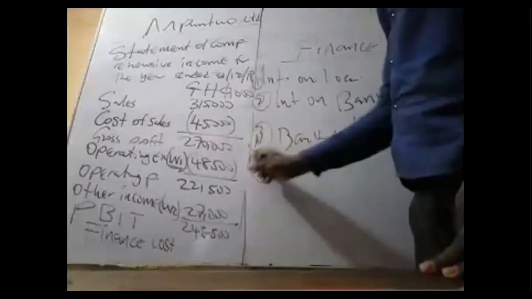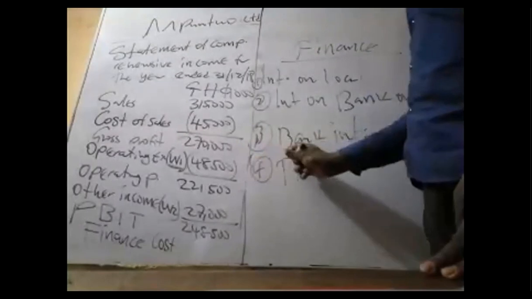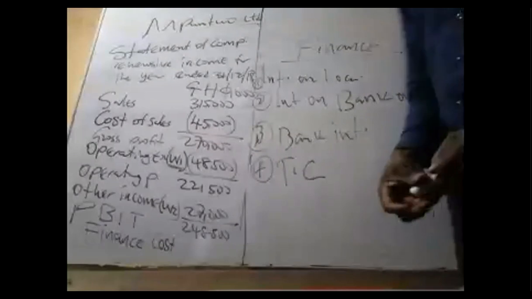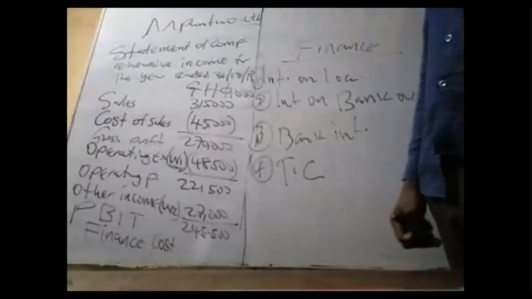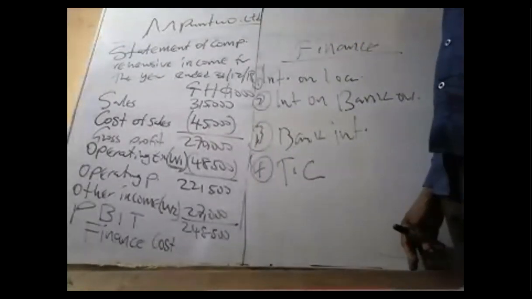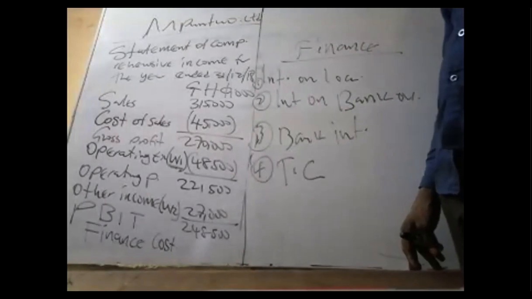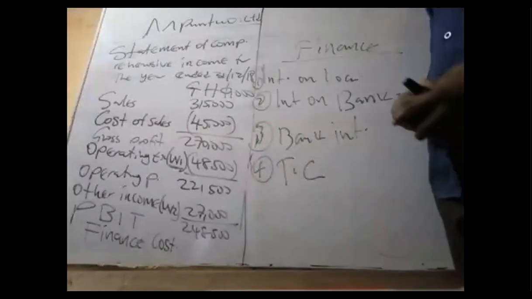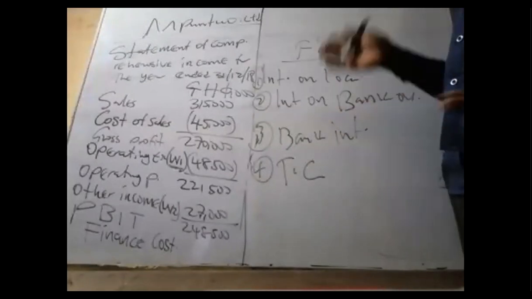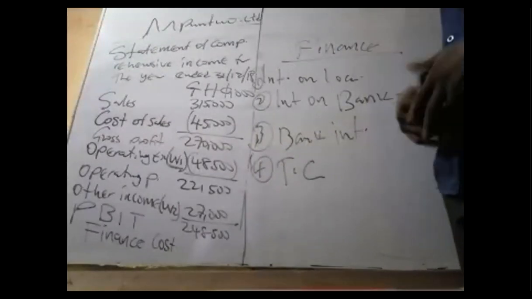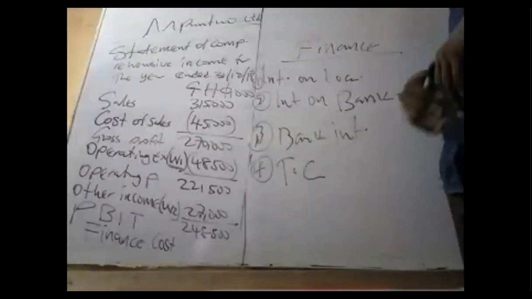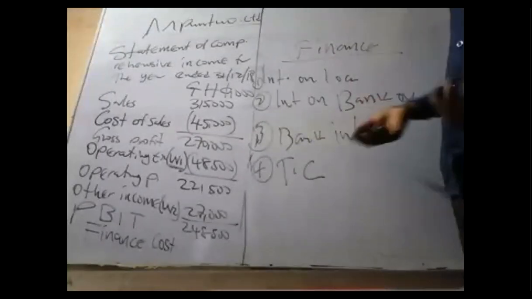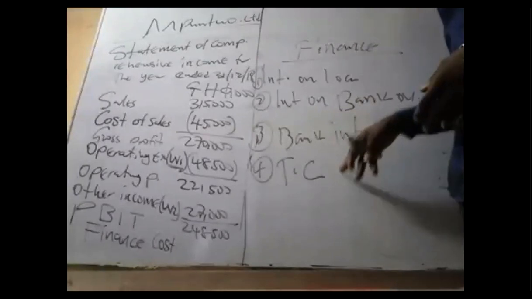Number four, processing fee or transaction cost. If you are going for a facility or a loan, you'll have processing charges, processing fee or transaction cost, or administrative charges in connection with the loan. Before they give you the loan, they ask you to pay 1,000 cedis for processing fee. So you pay because you need that 200,000 badly. So you pay that 1,000 cedis and they give you the 200,000. That 1,000 cedis should be part of what?